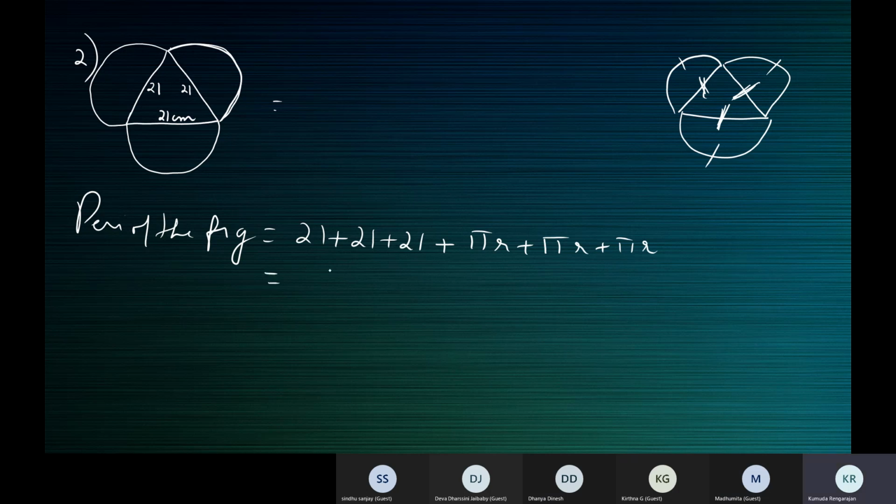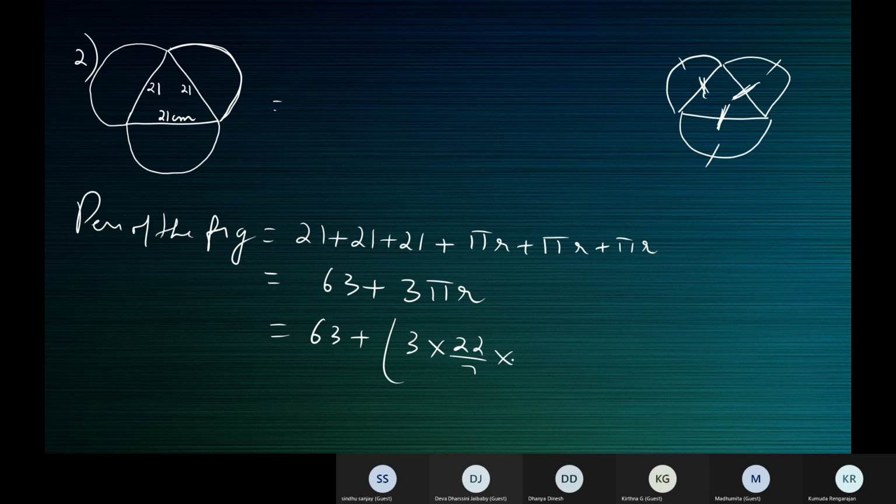So this is 63 plus 3 pi r. So 63 plus 3 into 22 by 7. What's the value of r? 10.5, ma'am. Or as a fraction? 10 1 by 2.